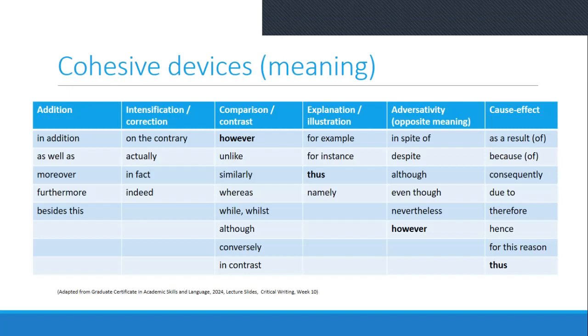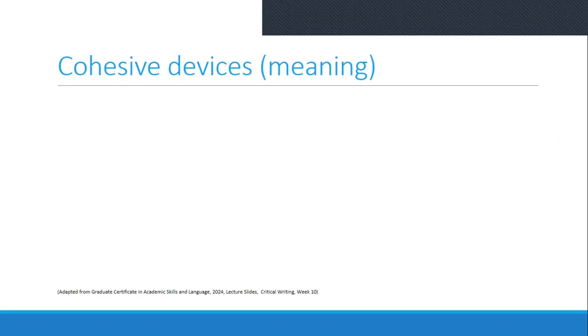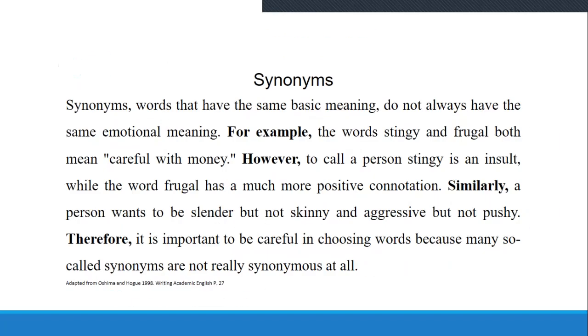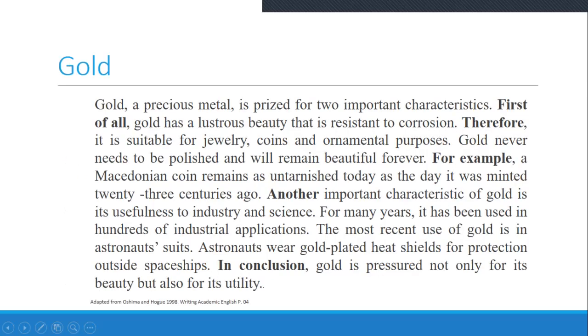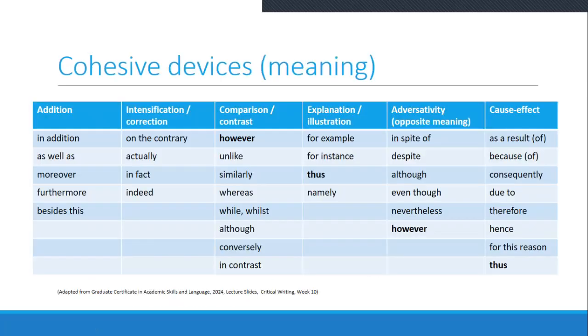Okay, so let me go back. These are linking words. See how they have been used, see what comes after and before these linking words, and try to use them also in your writing, right? So this is the list of cohesive devices that I gave you in my previous lecture.